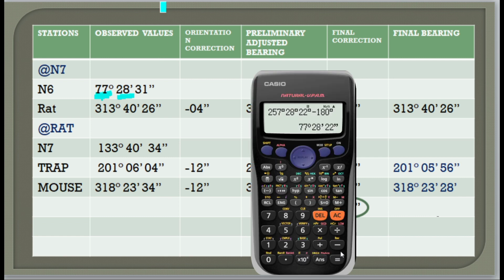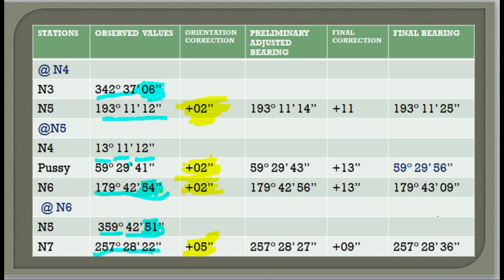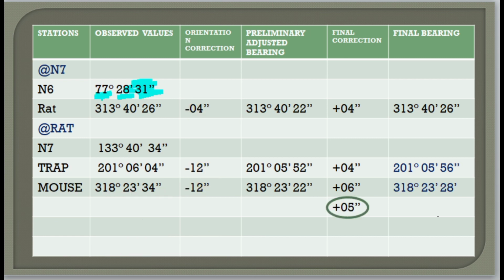But here our answer had an error on the last part, so that is 77, 28, 31. By subtracting 77, 28, 22 from 77, 28, 31, we'll see we need to apply there an orientation correction that will be negative 9.